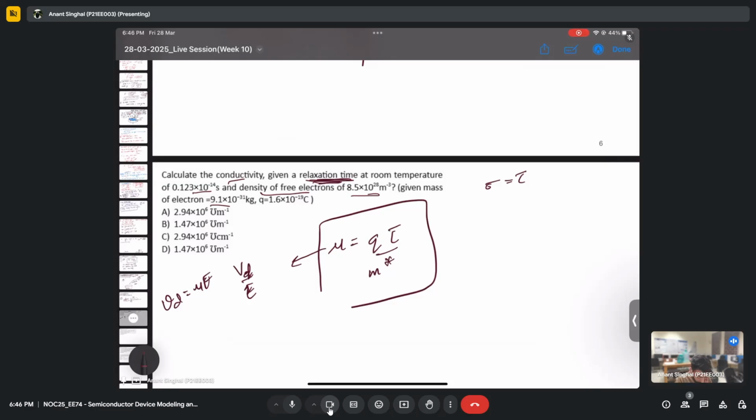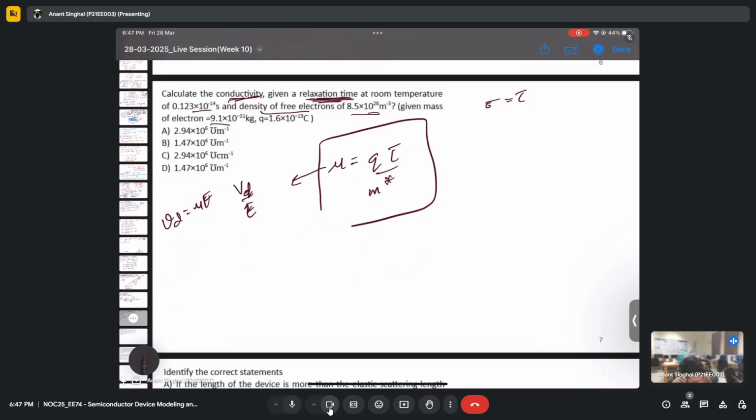You just need to calculate the conductivity. Conductivity: J equals sigma E, where sigma is N q mu. So everything is given, I guess, and we can calculate.